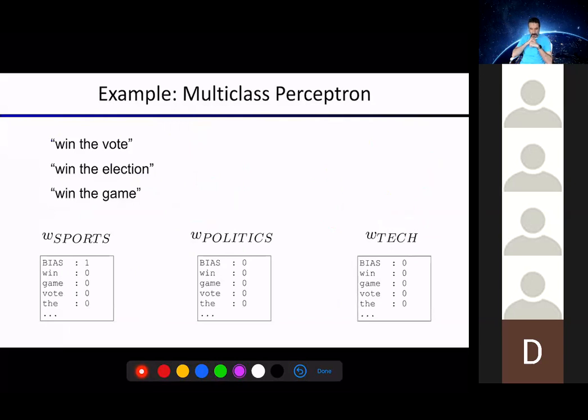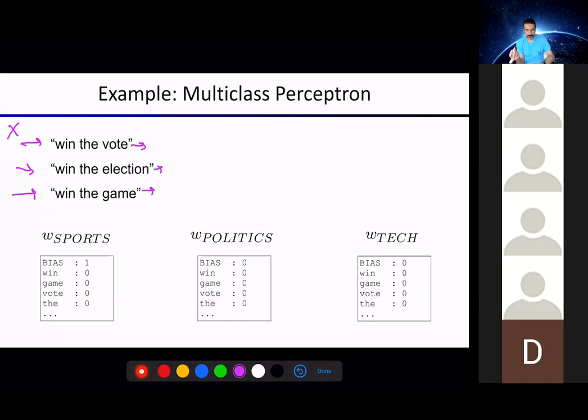So let's go through one example. This is the case where we have a multi-class perceptron, and we are given some sentences as input. So these are our x's, these are inputs. And for each of these inputs, we have some correct label.